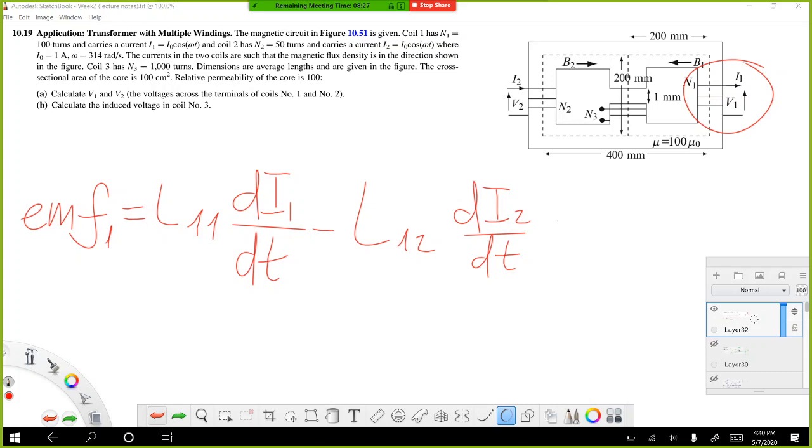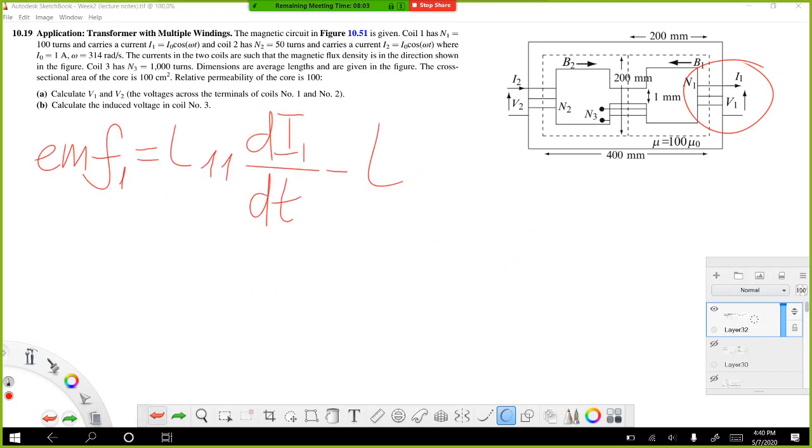Okay, this was the equation for the case of a transformer with 2 coils, and this is not the case for us.